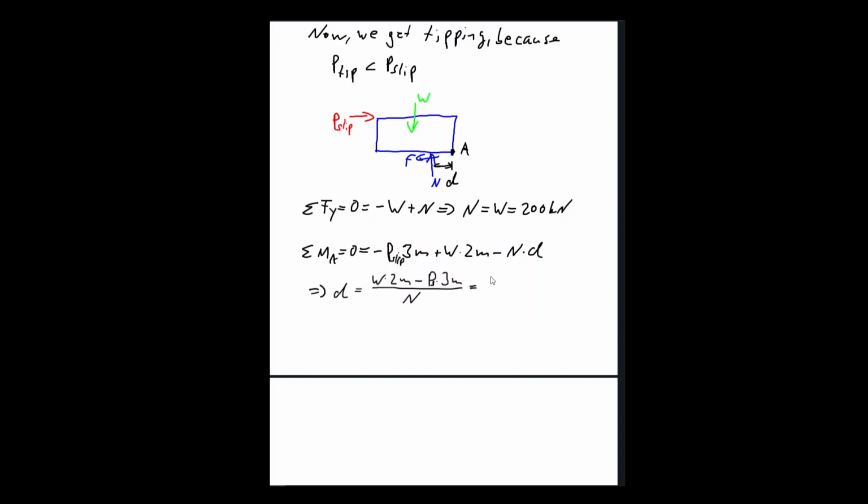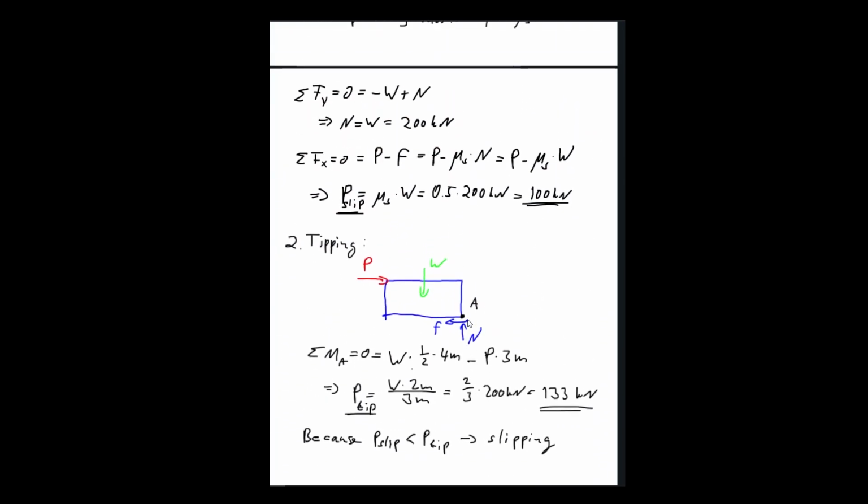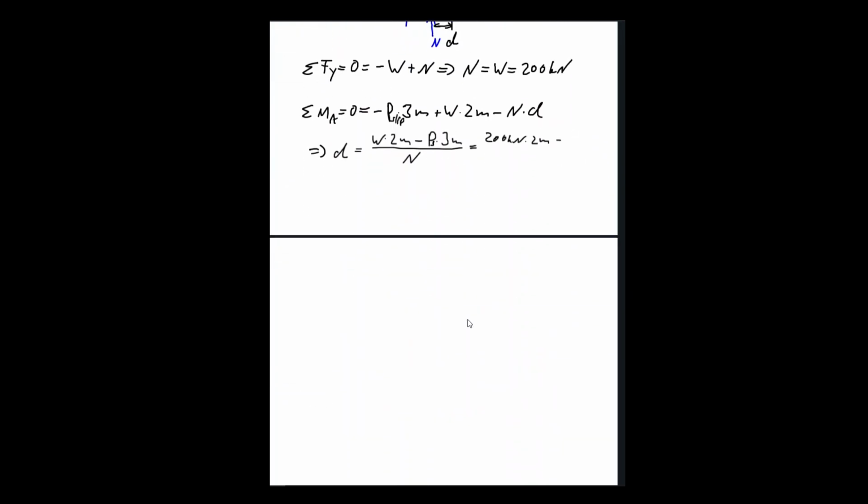We get W was 200 kilonewton times 2 meters, minus P slip, for our original case was 100 kilonewton, times 3 meters, divided by N, which was 200 kilonewton.